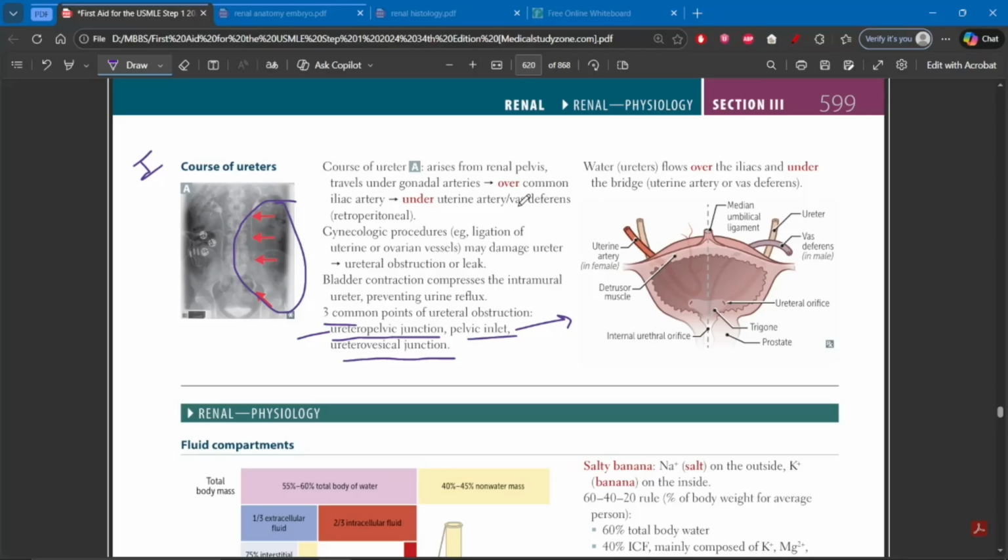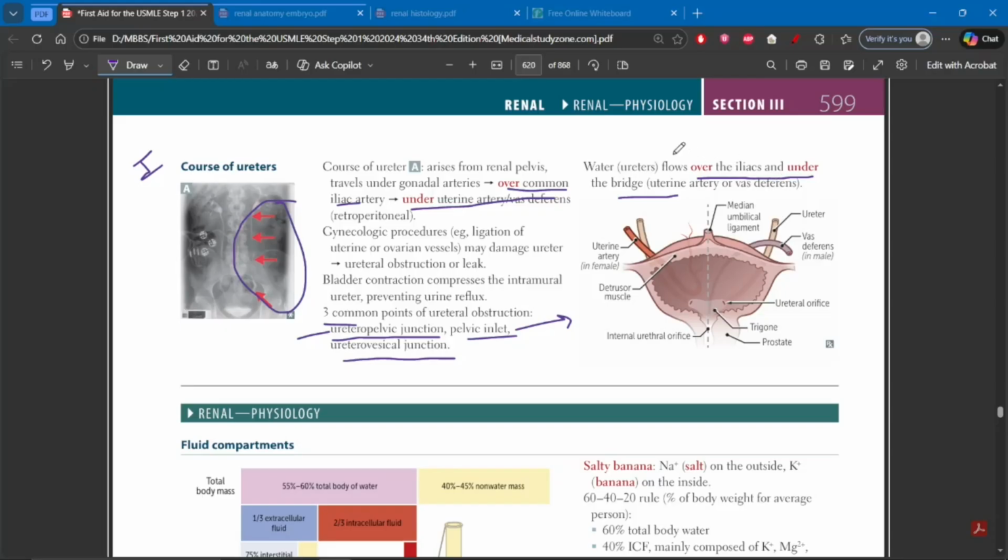Okay, something that is mostly important as well is the course of the ureter, that it travels over the iliac artery and under the uterine artery and vas deferens. So there's a mnemonic: water flows over the iliacs and under the bridge.